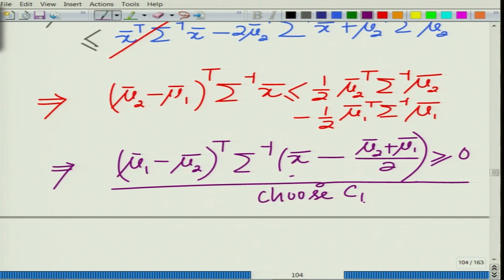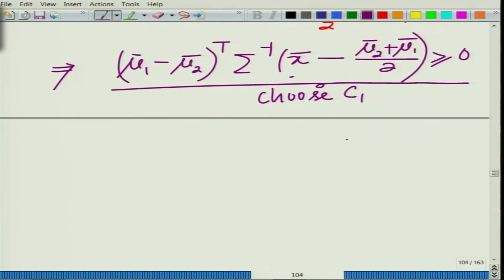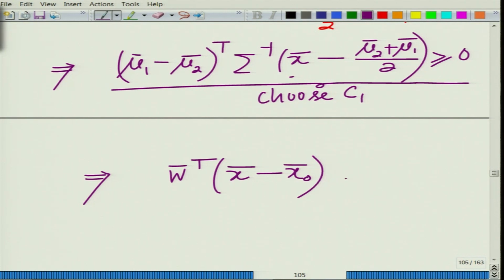Otherwise you choose C2, and this finally implies I can write this conveniently as W bar transpose (x bar minus x naught bar) greater than or equal to 0, that is choose C1 if this holds, else if this is less than 0 choose C2.